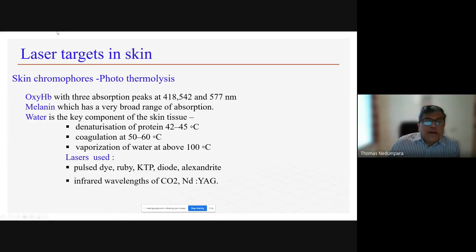Laser is a good application for skin lesions because we've got 3 different chromophores: oxyhemoglobin, melanin, and water. So you can use different lasers to target these three chromophores. So the lasers used are pulse dye, ruby, KTP, diode, and also infrared wavelength, carbon dioxide, and Nd:YAG.